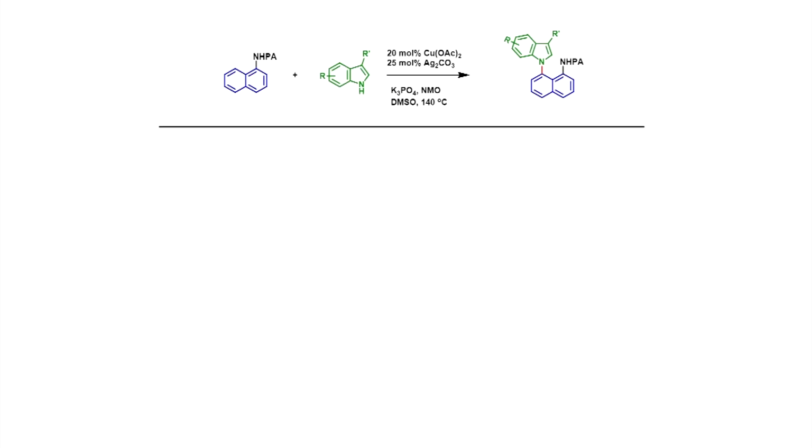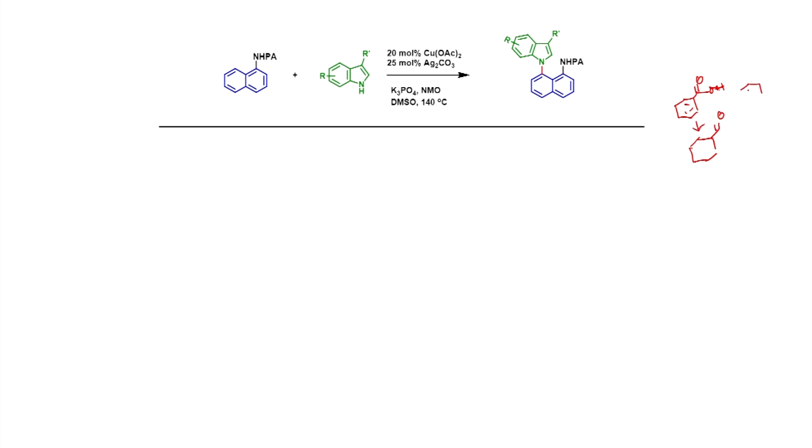So, now let us look at one more example. Just as we have seen, if you have an acid, for example benzoic acid, I can convert it into amide.